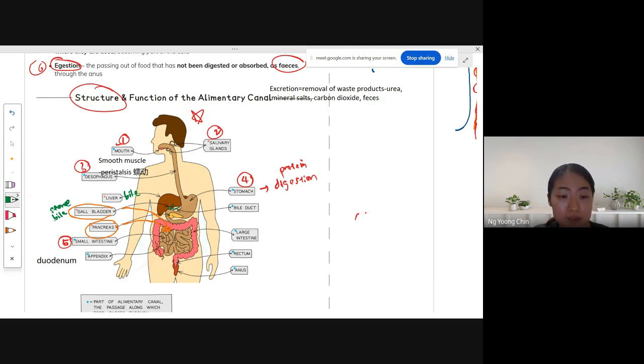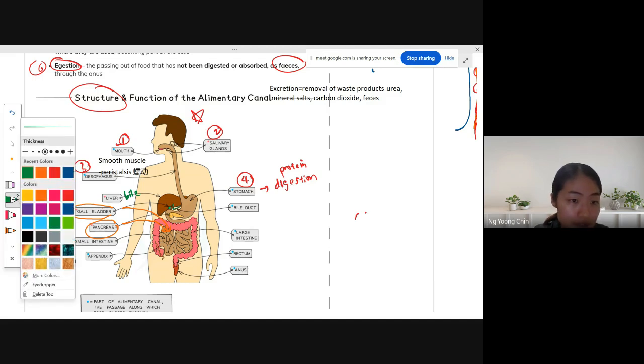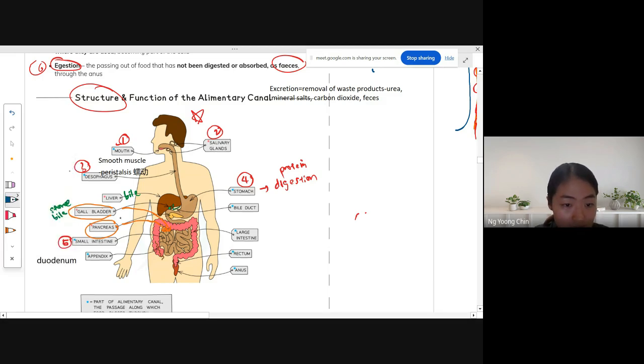And then the pancreas, what does the pancreas do? The pancreas will help to secrete the enzyme. The enzymes secreted by the pancreas are of 3 kinds: lipase, amylase, and protease, which is trypsin.